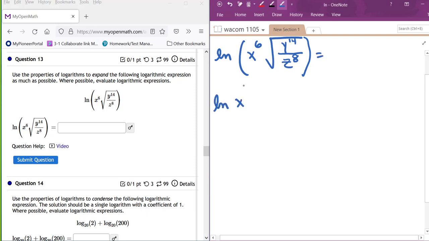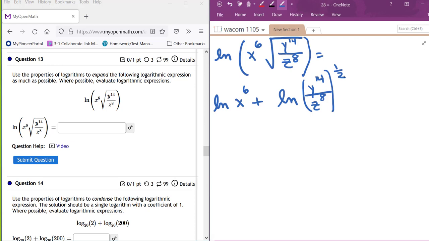Natural log of x to the 6th plus natural log of this whole piece. And we can go ahead and write this to the 1/2. And I didn't realize it before, but I could have cleaned that up there. That's all right. I'm going to go ahead and do it the way that I did earlier. So we'll take the exponents down.